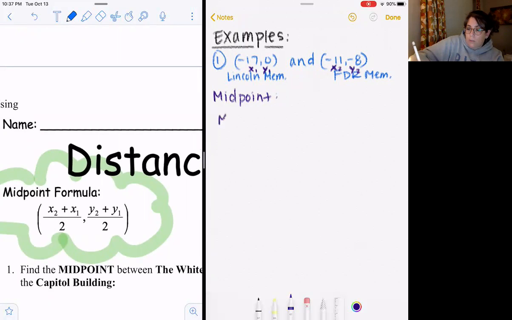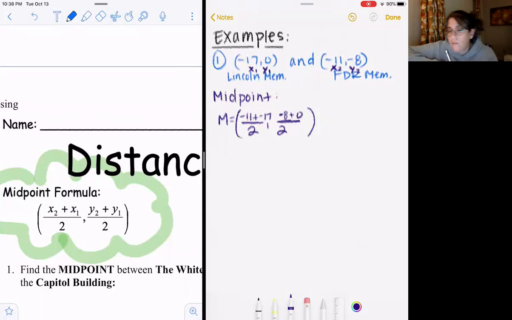So the midpoint formula is down here on the bottom, and you're going to plug in the values. The midpoint is equal to, they're always dividing by 2, because the mid is like halfway. It's the average. You're finding the average between the 2 points. So x2 plus x1 is -11 plus -17. And y2 plus y1 is going to be -8 plus 0.